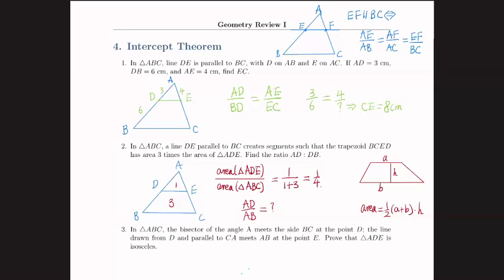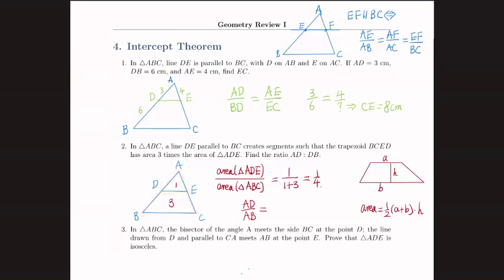Okay, Eric. So AD over AB equals AE over AC, which is equal to DE over BC. That doesn't really help. Okay. So we know these two triangles are similar.